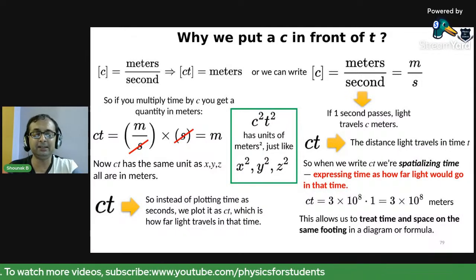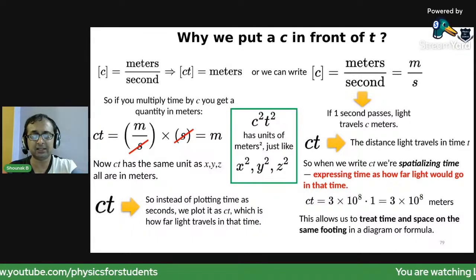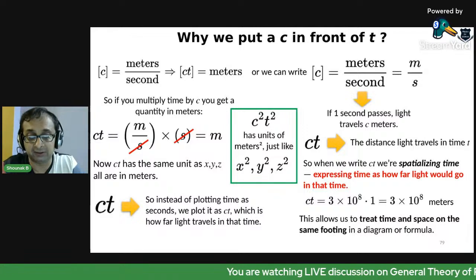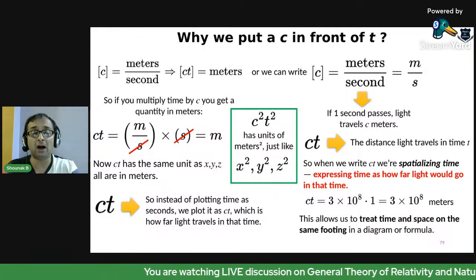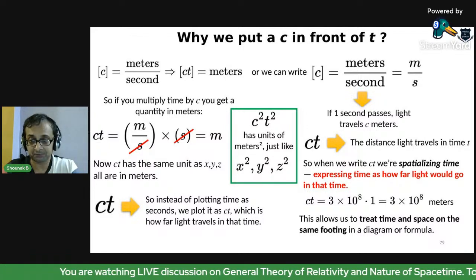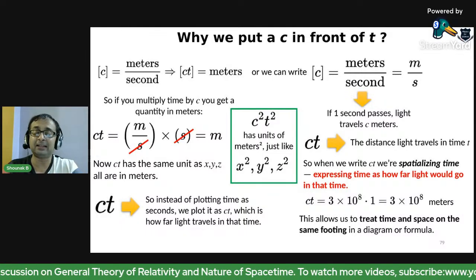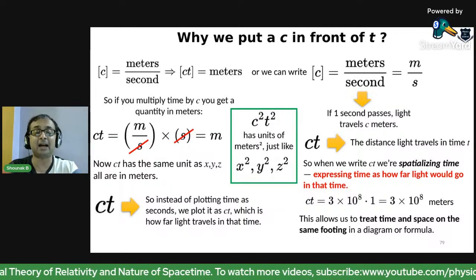So ct means, instead of plotting time as seconds or nanoseconds, we plot it as ct, which is how far light travels. Remember, that means it is the distance. So when we are writing ct, remember that we are spatializing time. You might say this is a problem. No, this is not a problem.